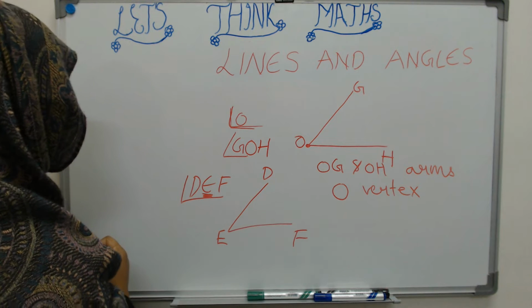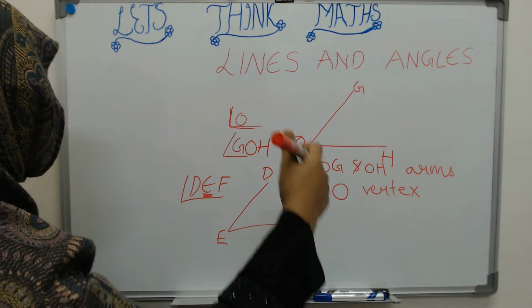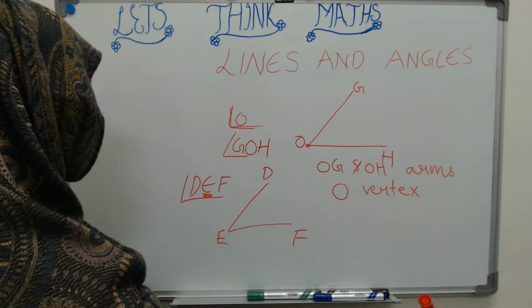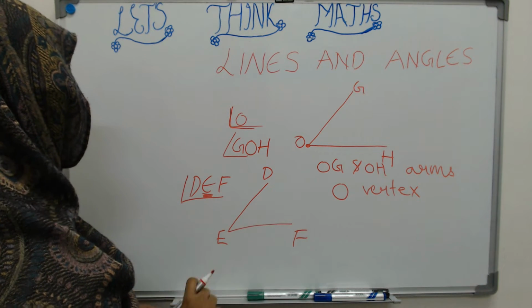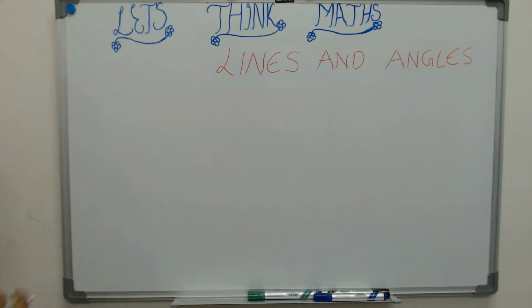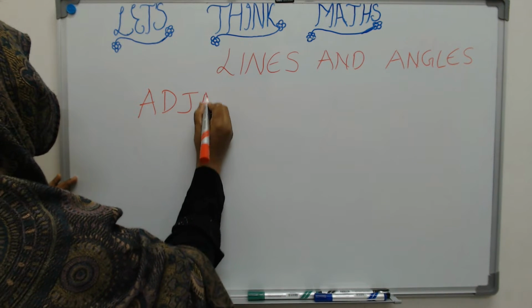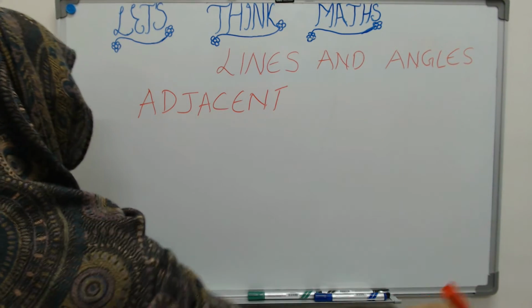And what conditions do we have to satisfy if somebody lives next to us? We need to have a wall, and one person has to live on one side and the other person has to live on the other side, right? So the angles also do the same thing. Let us see how it works. Now, 2 angles are called adjacent. What does adjacent mean? Adjacent means nearby, right? So you have houses next to yours, right?